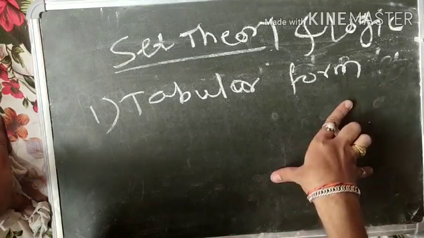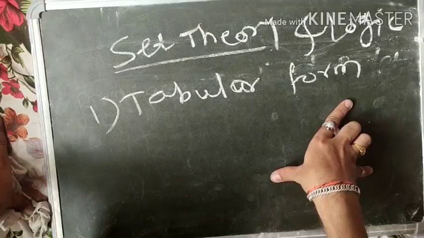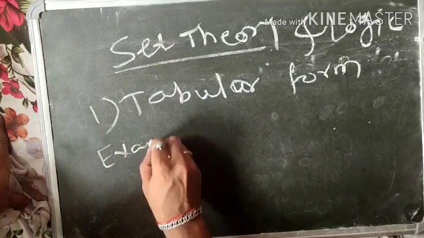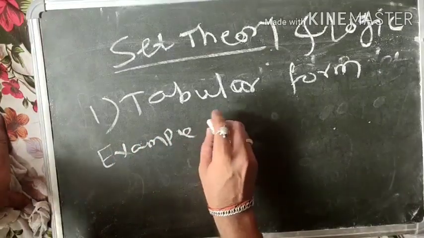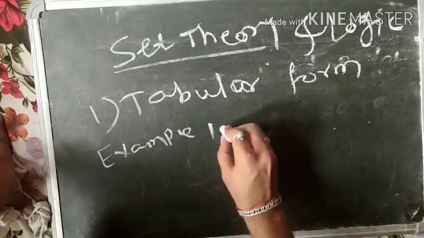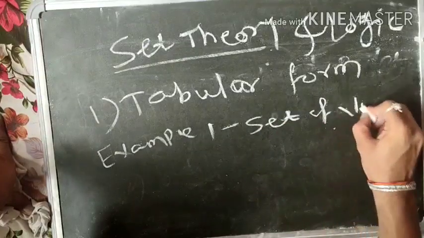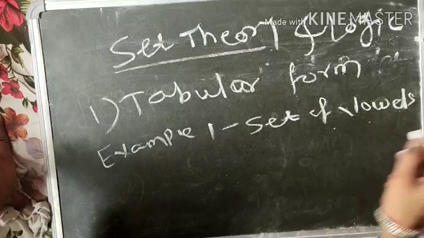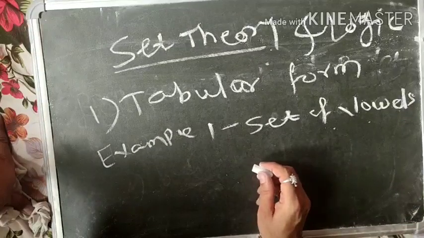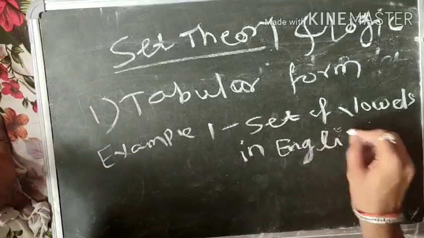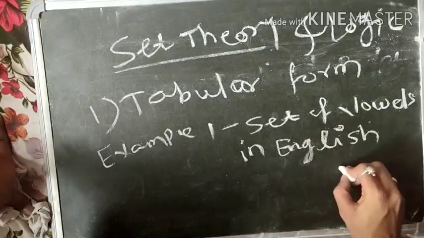The elements are enclosed within braces and separated by commas. For example, first, the set of vowels in the English alphabet.